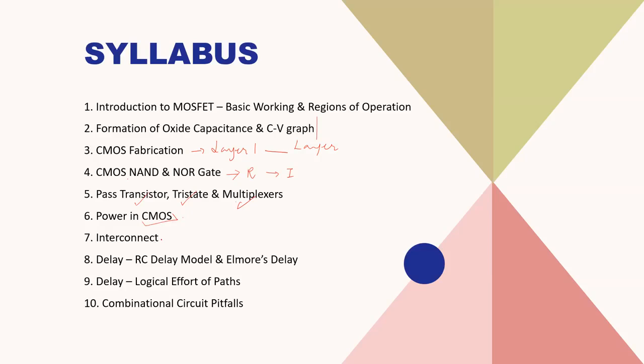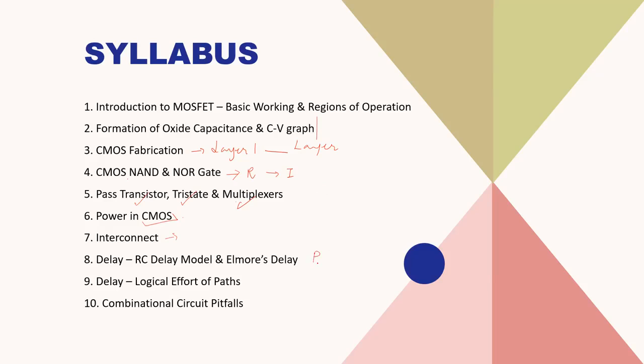Then there is another topic called interconnects, where you will see how charge gets distributed and causes leakages because of connections between the CMOS circuits. Then we will have a realization of CMOS into RC models.